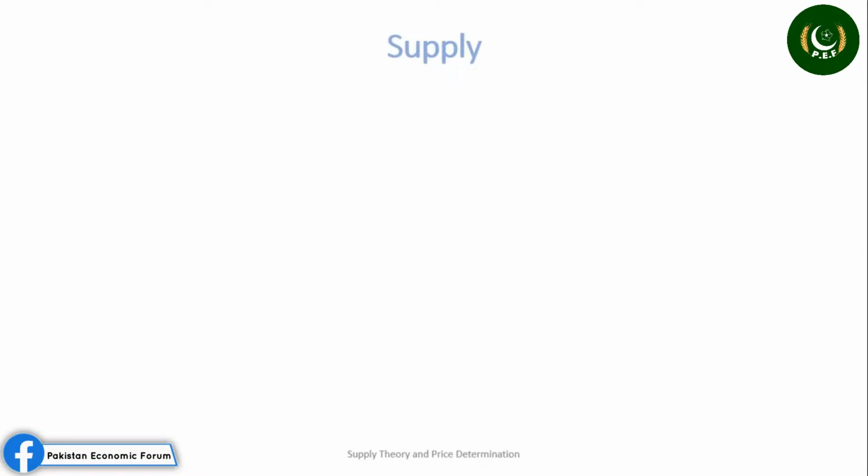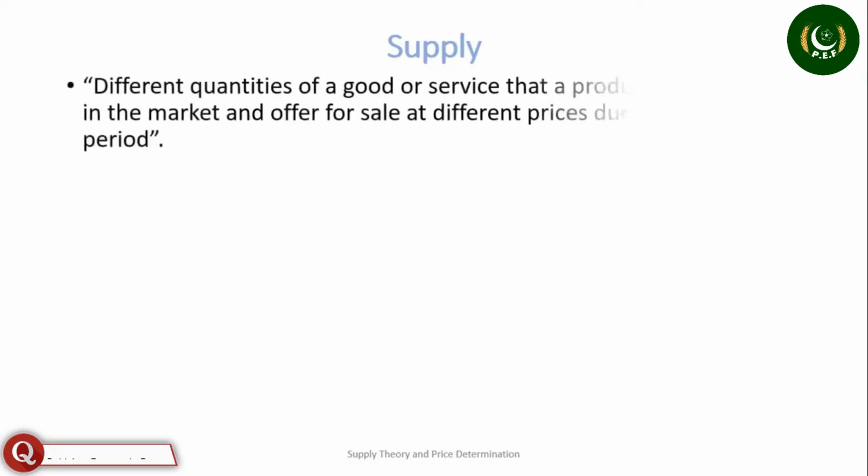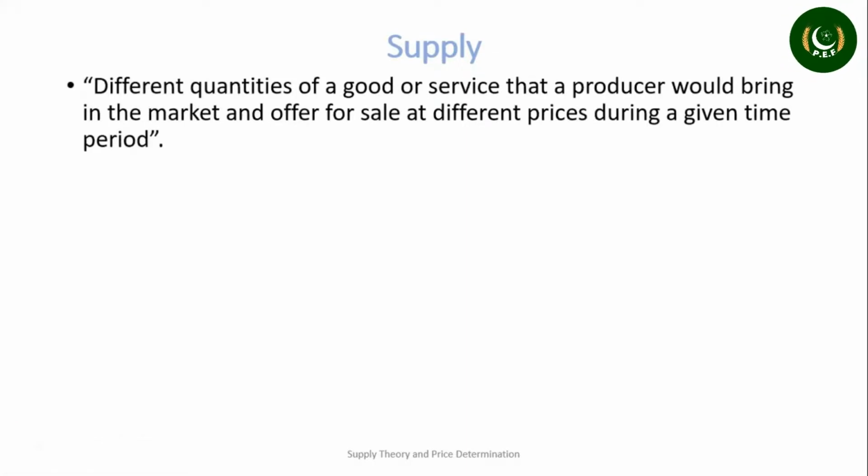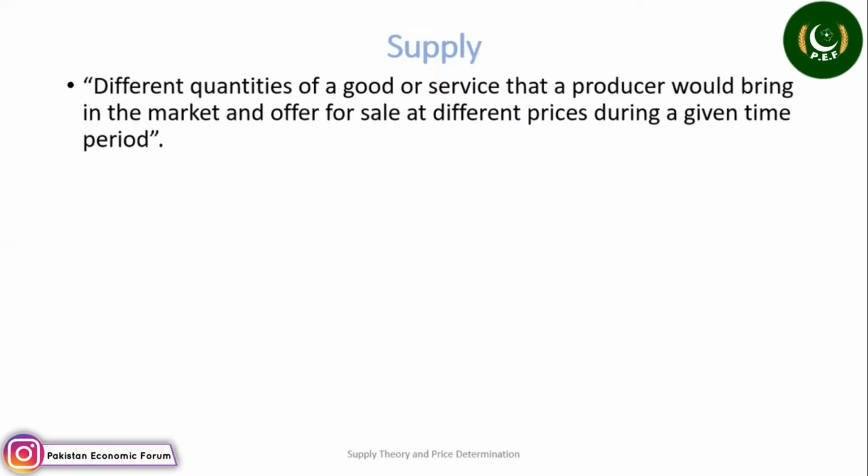In economics, we define supply as the different quantities of a commodity that the producer of that commodity would be willing to sell at different prices during a given time period.